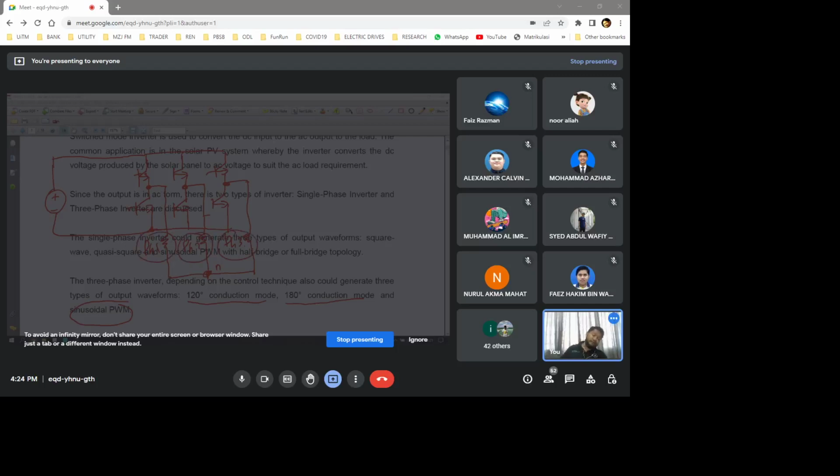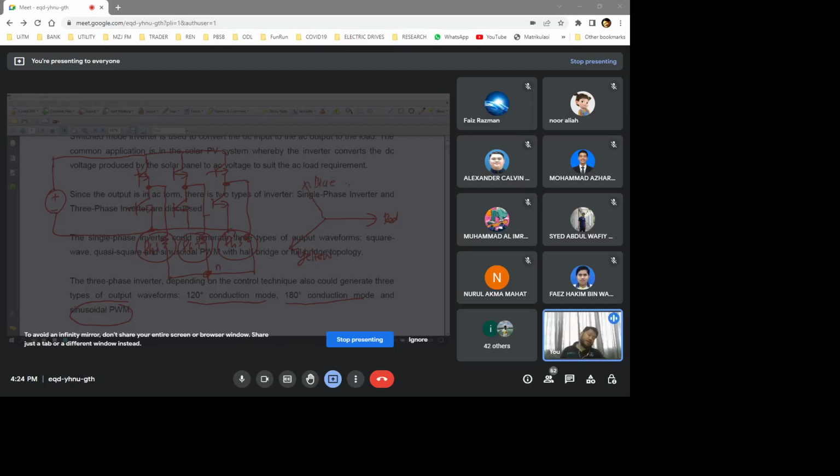So we have 3 phases, and of course there will be a slight phase shift between each other, because we need to maintain that phasor diagram, isn't it? Red, yellow, and the other one would be blue.